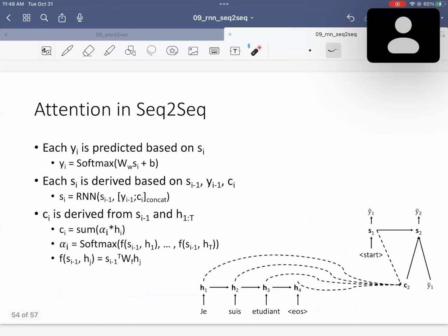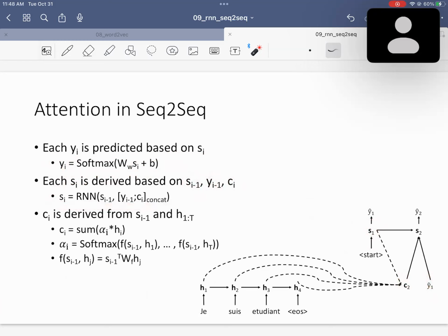So equation-wise, what happens is each yi is predicted based on si. We all know this. yi is a softmax prediction based on si only, and each si is derived based on si minus 1, yi minus 1, and ci. So the decoder RNN looks like this.